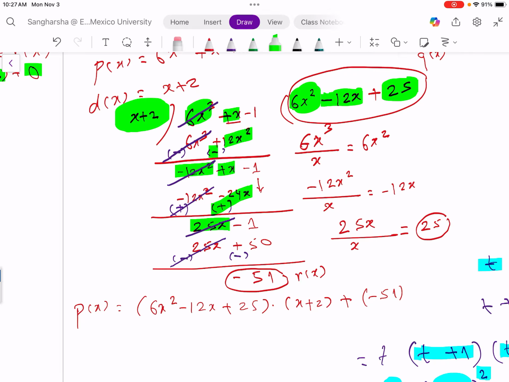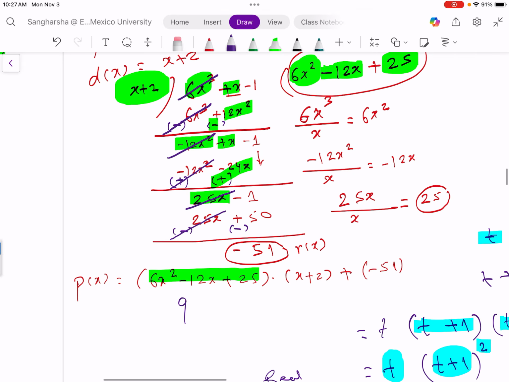So this is our quotient q of x, this is our divisor d of x, and this is our remainder r of x. Okay, so every time we can rewrite our p of x as q of x times d of x plus r of x.